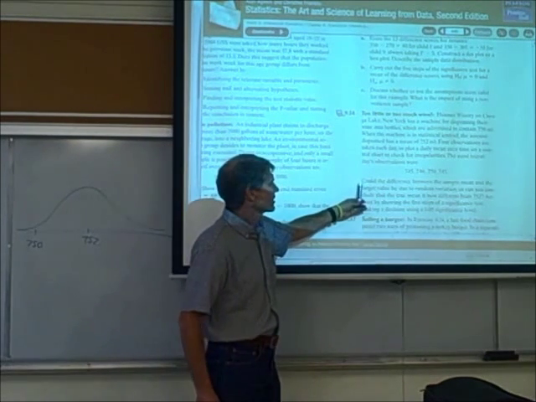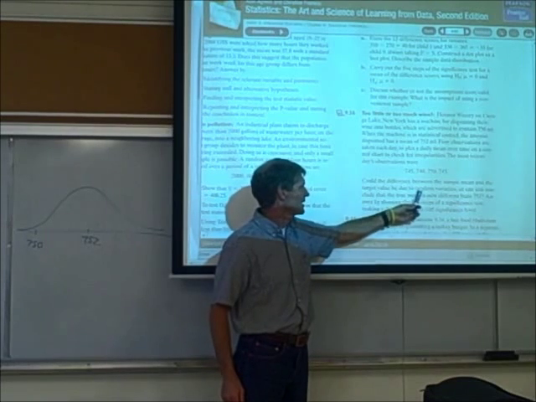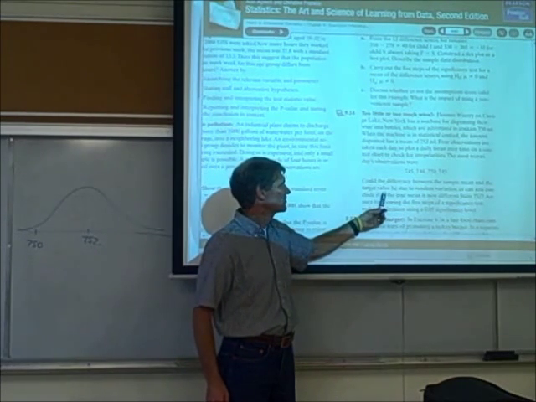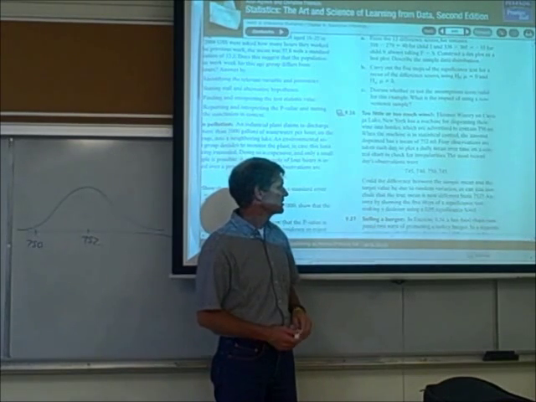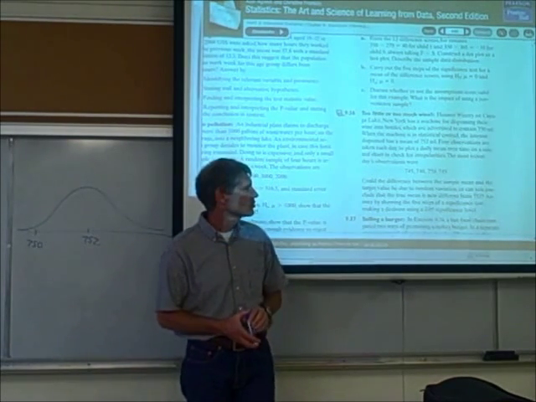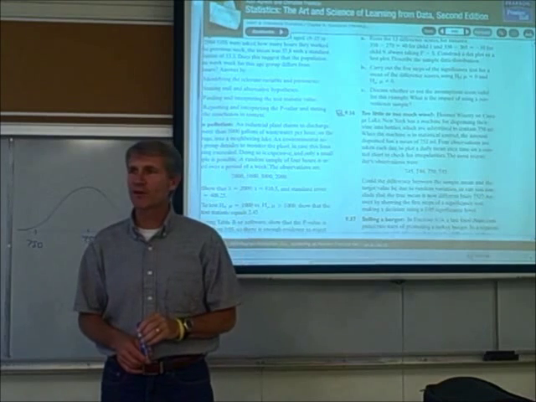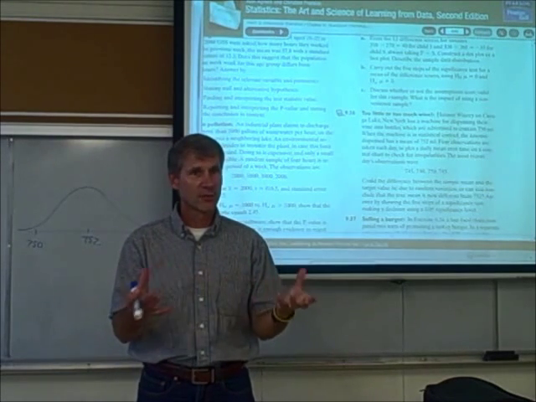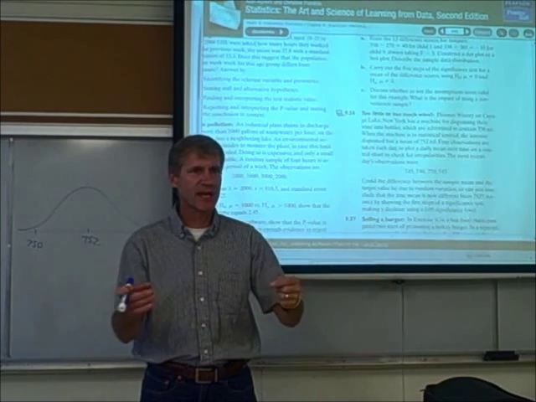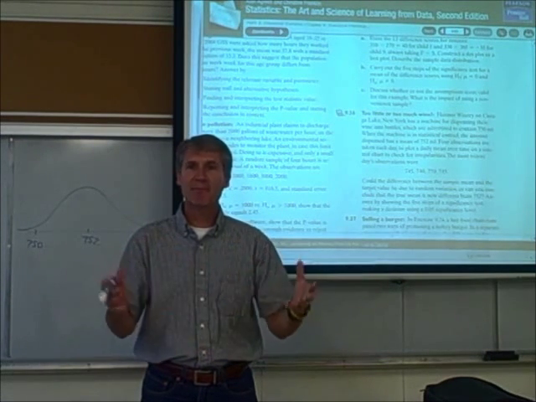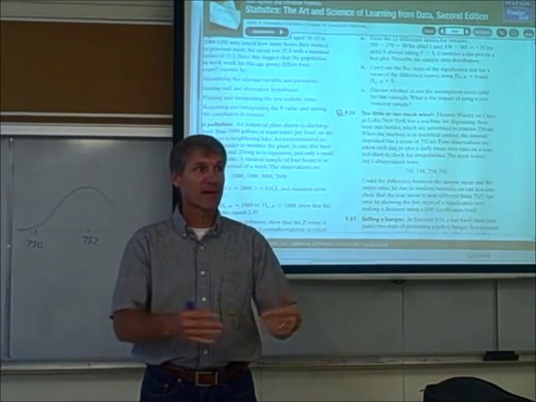Right below that it says, could the difference between the sample mean and the target value, 752, be due to random variation, or could you conclude that the true mean is now different than 752? In other words, it is possible that when they took a random sample of 4 bottles, they just happened to get the 4 with the lowest amount in it.